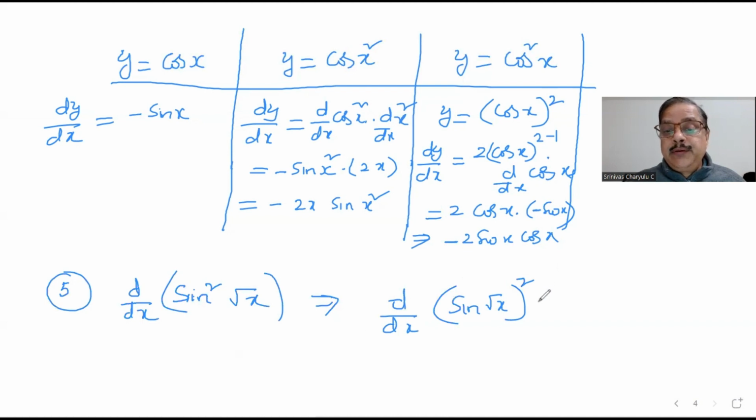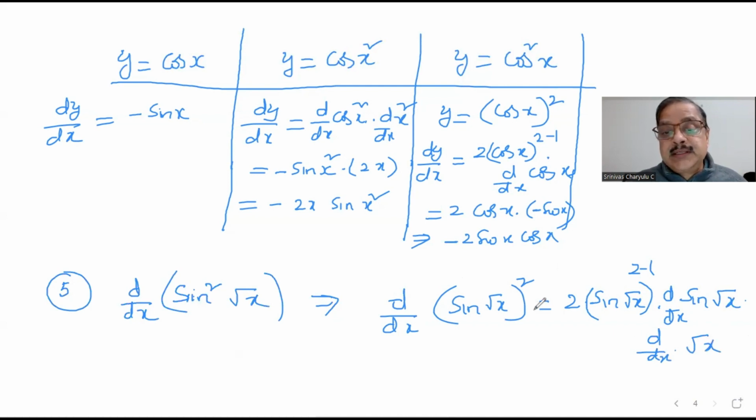Then when differentiating, 2 into sin root x whole to the power of 2 minus 1, into d by dx of sin root x, into d by dx of root x.